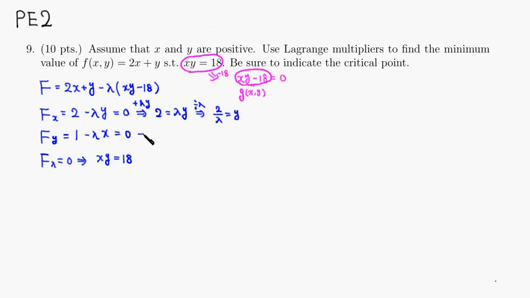And here, by adding lambda x, we have 1 is equal to lambda x, so dividing through by lambda, 1 over lambda is equal to x.